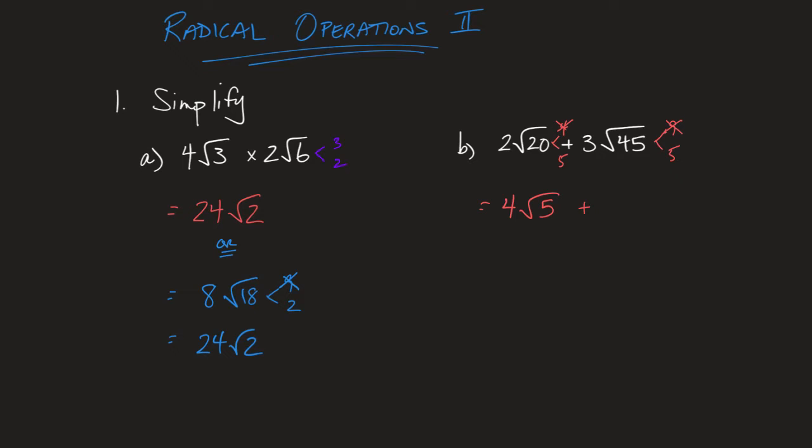Take my square root of 9, which is 3, multiply that by a 3, and I'm left with my 5 underneath. And now I do notice that I have like radicals, put them together. There we go. So hopefully we match up on the first 2. Everything checks out. Now let's take a look at those next 2 problems.